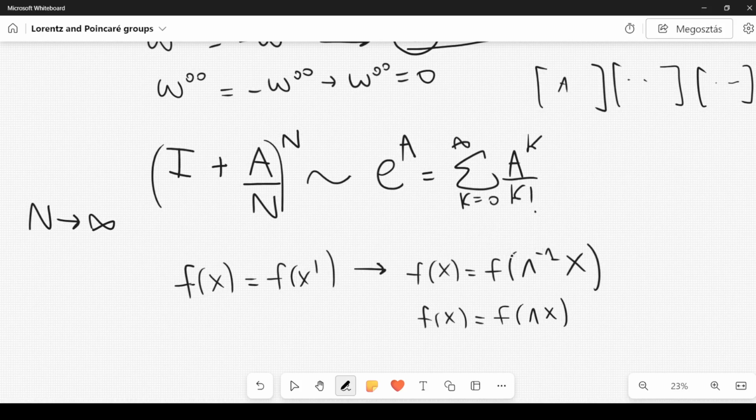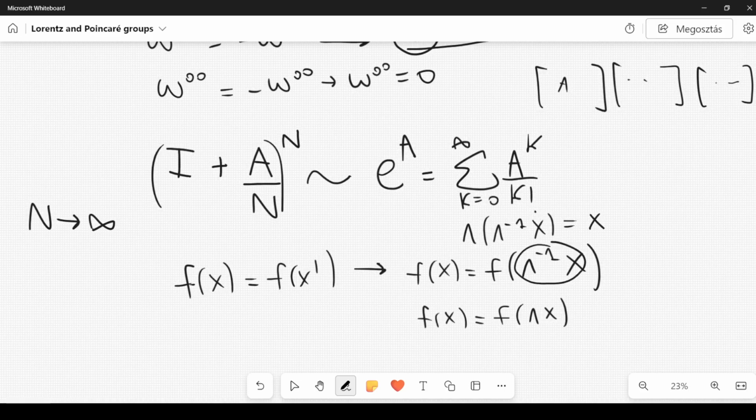Here it means that basically we are starting from this value, lambda inverse x, which is actually a vector. So we are starting from this point, it is a point, and then by means of a certain transformation, which is given by lambda times lambda inverse x, which gives us the identity times x, so it gives us x, we have f of x.